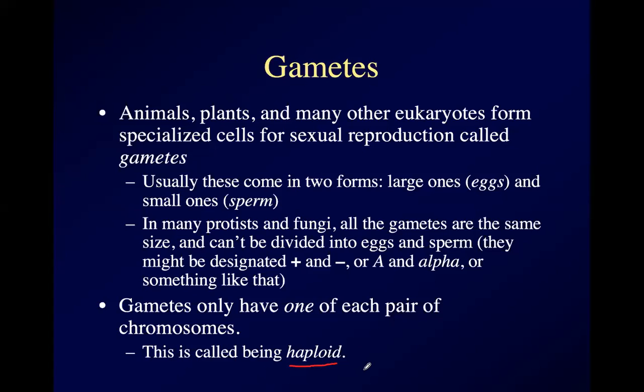But in animals, certainly in you and in all other animals, the only cells in your body that are haploid are either your eggs or your sperm, depending on your biological sex.